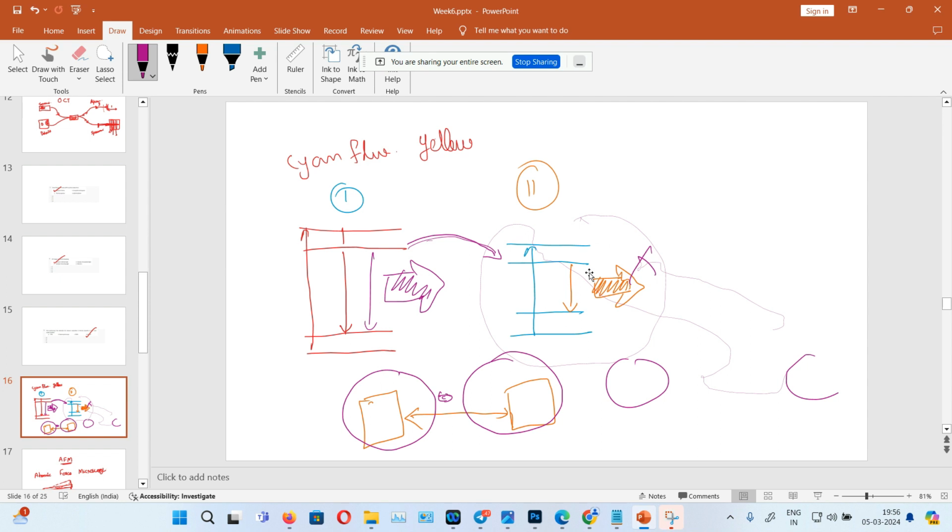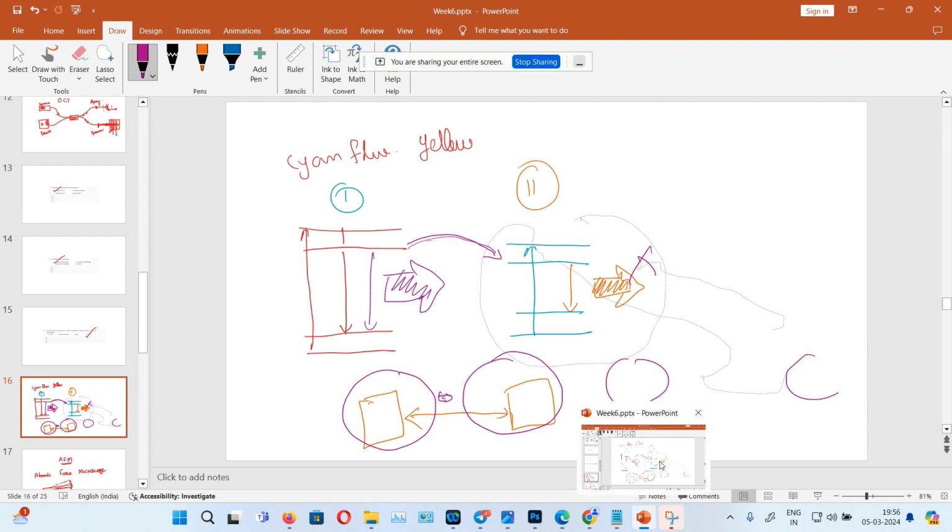In that case, if FRET is happening, you will see a very diminished fluorescence, because FRET will always decrease the fluorescence of your donor. If FRET is not happening, you can see a very strong fluorescence from the donor.